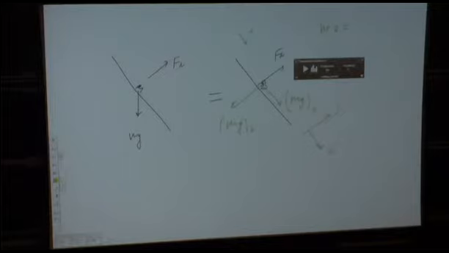We know, well, let's write it down. Mg parallel. And we know that the normal force Fn should cancel that component of the force of gravity which we call perpendicular to the surface.